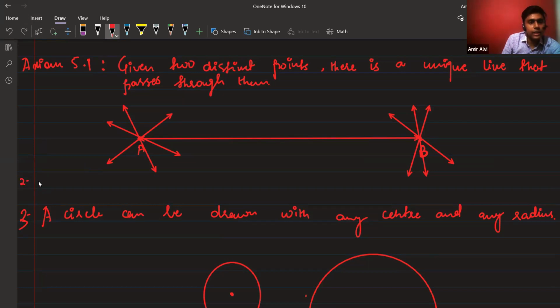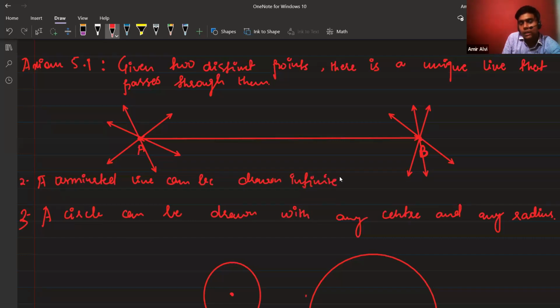So basically it's saying that a terminated line can be drawn infinitely.